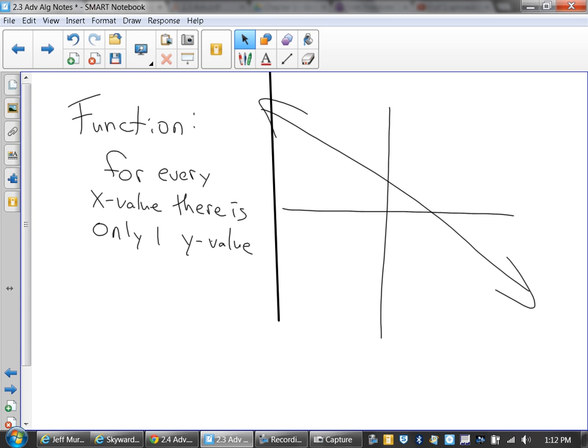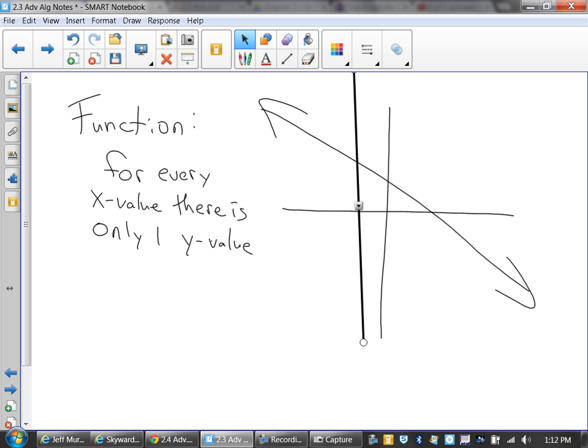So for any graph that you have, if you take a vertical line all the way through that graph, if it only touches the graph at one spot, it's a function. If it touches the graph at two spots, it's not a function. That means that x value has two corresponding values of y, no longer a function. So that's something called a vertical line test.